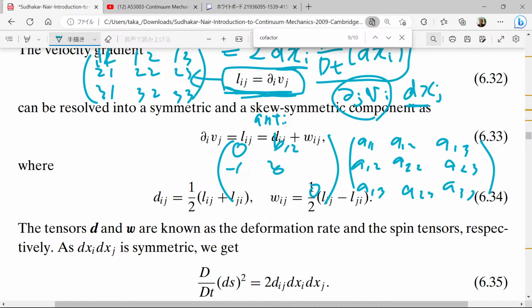Anti-symmetric is like 0, 0, 0, B12 minus B21, B13 minus B13, this is 0, sorry, B23, B23 minus. So if you calculate this one, do you get 0 for this?